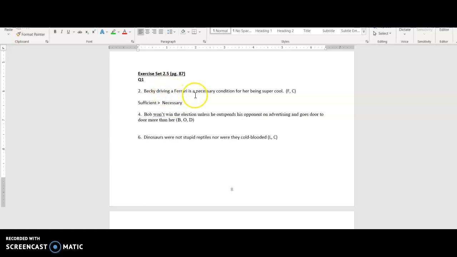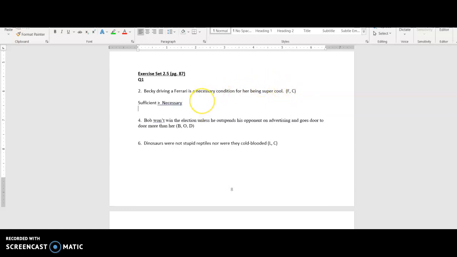So here, Becky driving a Ferrari, and he gives us letters that we can use here. That's the F, is a necessary condition for her being super cool. That's C. All right. So since we're told that Becky driving the Ferrari is the necessary condition, we put that here.